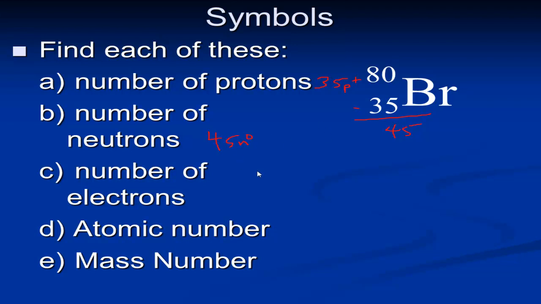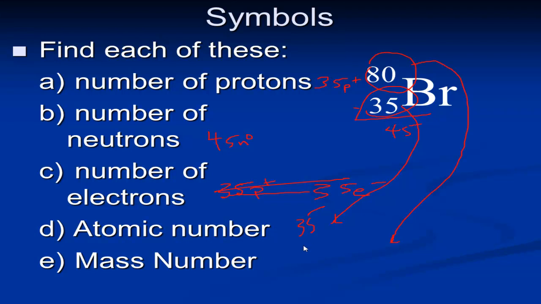My electrons are equal to my number of protons. So if I have 35 protons, I have 35 electrons. The atomic number is right here. This is my atomic number, so 35. And my mass number is this at the top, and so my mass number is 80.